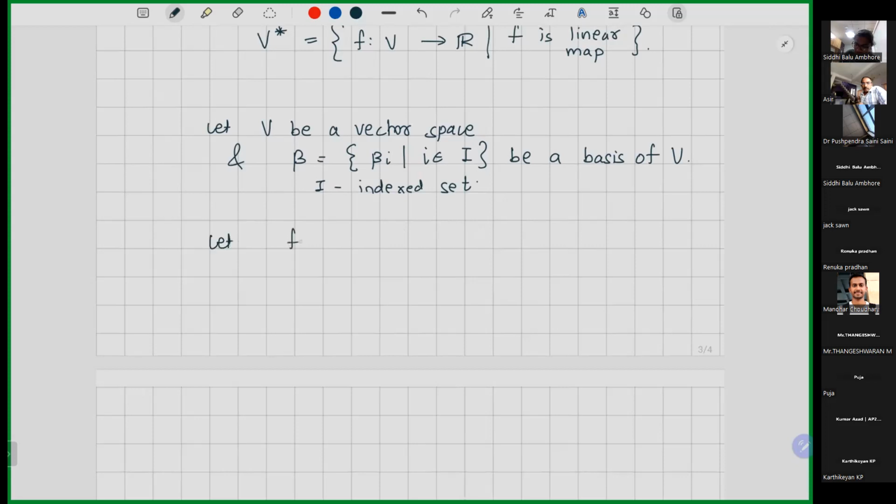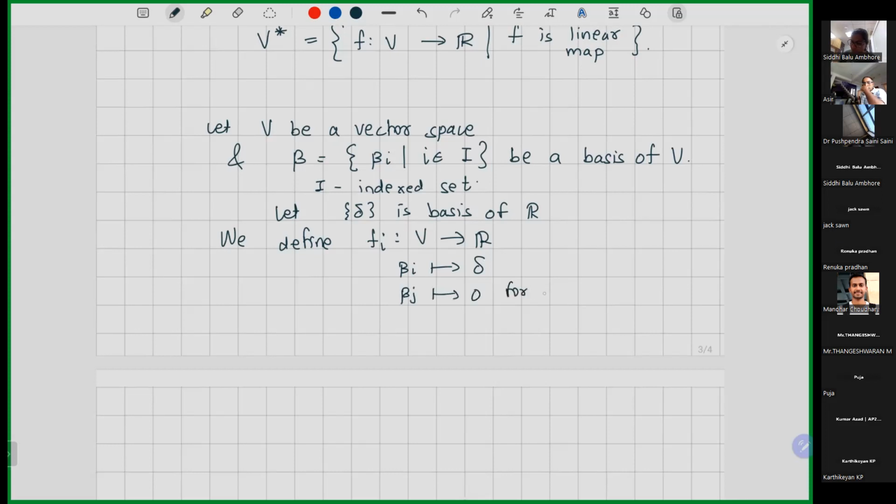So we define this map f_i from V to R. And how do we define this? Suppose delta is a basis of R. Then beta_i is going to delta, and the rest, beta_j, going to 0 for j not equal to i.